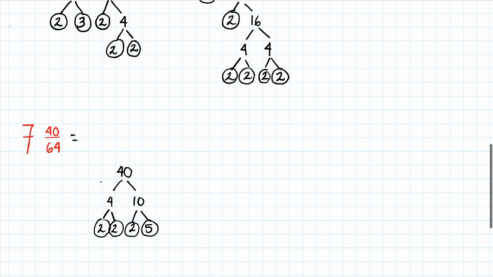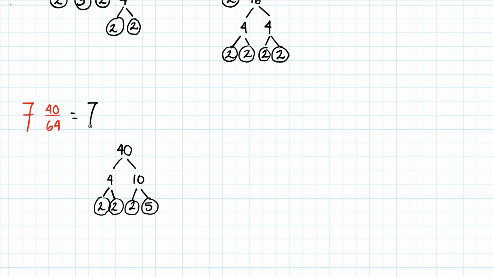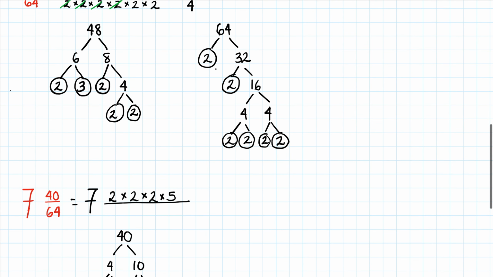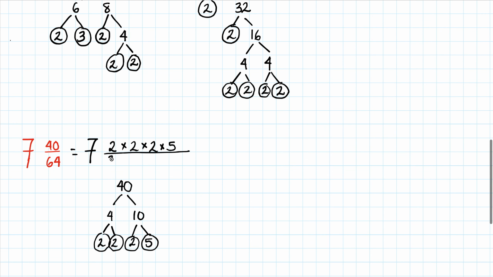Okay, so 40, so this is going to be, don't forget about the 7, the whole number, and now 40 is 2 times 2 times 2 times 5 over 64 that we said was 1, 2, 3, 4, 5, and 6 twos.